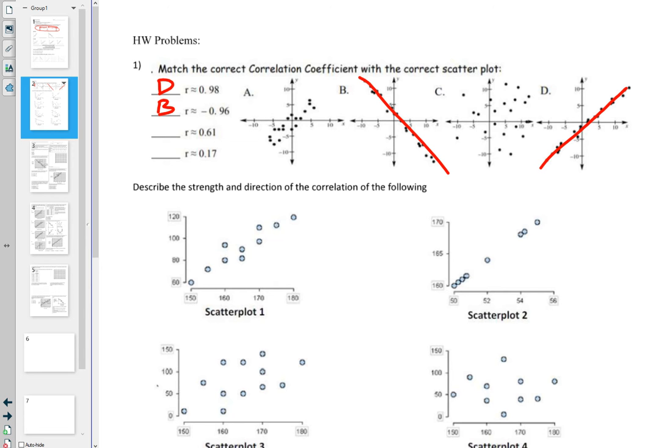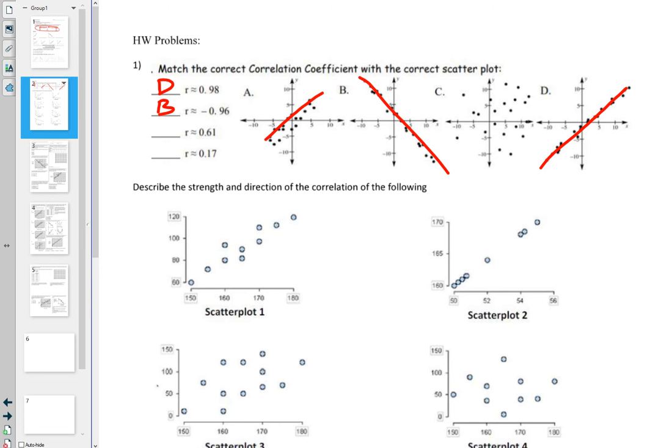So that leaves A and C as the last two. And it looks like A is definitely going in the positive direction. It's not as strong as D is, but it looks like A is going in the positive direction. But C is all over the place. Who knows if C is going positive or negative? Now, I only have positives left to choose from, but out of the two that are left, which one is the stronger one?